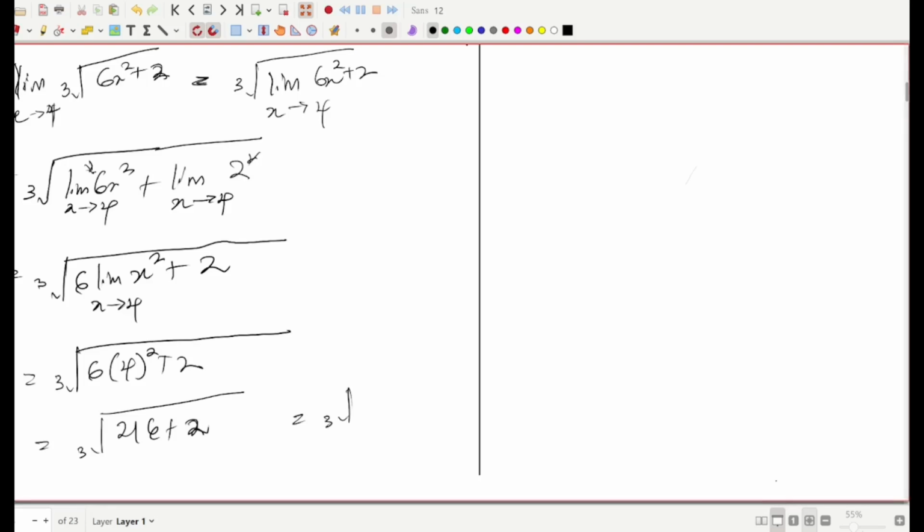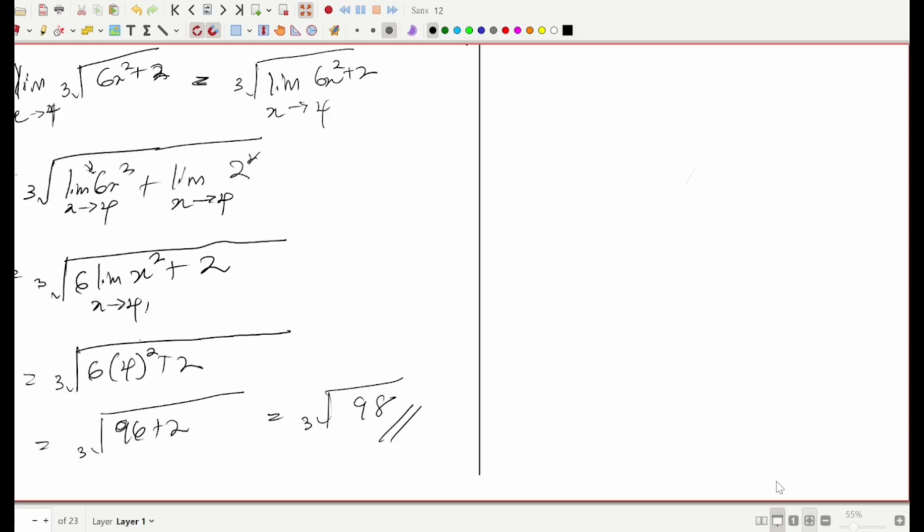End up with cube root of 218. Oh, sorry. 16 times 6 is not 216. It is rather 96, sorry. So 96 plus 2 is equal to the third root of 98.